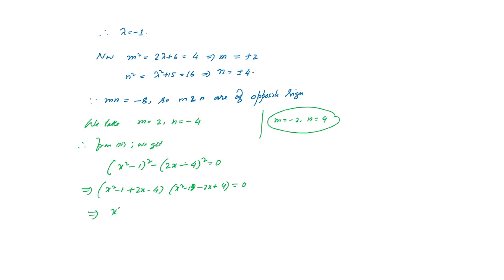So here the factors are (x square plus 2x minus 5) multiplied by (x square minus 2x plus 3) equals 0.